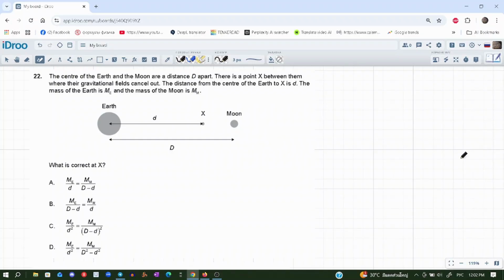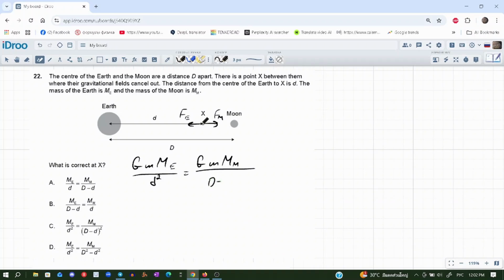Okay, here you have to do some calculations. You know that the forces have to be the same here, force from the Earth and force from the Moon, right? They have to be the same. So G M_Earth over small d squared has to be equal to G M_Moon over, what is this?